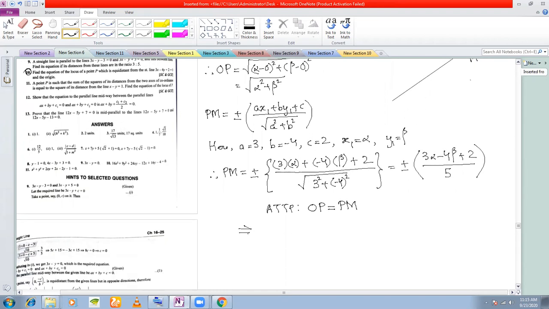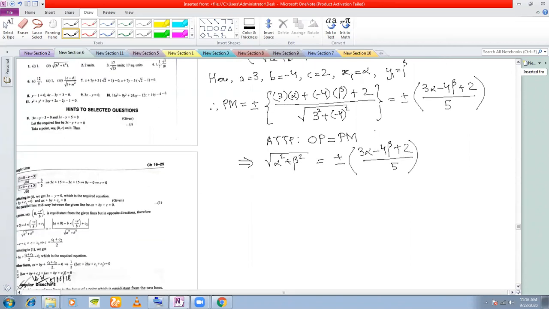OP here is the square root of alpha square plus beta square, and PM here is plus or minus (3 alpha minus 4 beta plus 2) by 5. So we are using this geometrical condition in order to get the equation of the path.